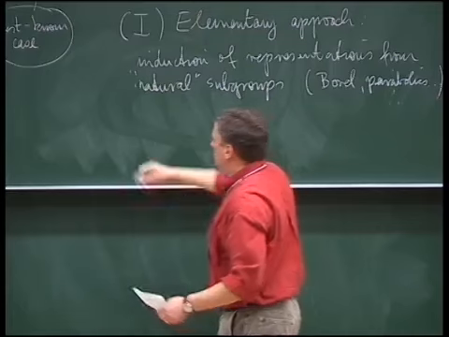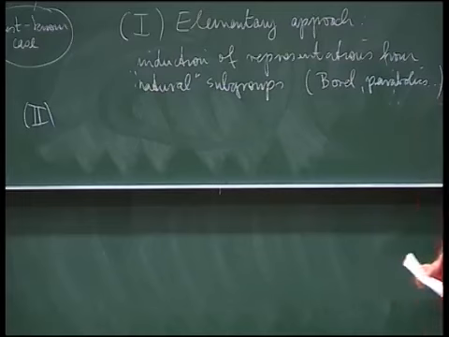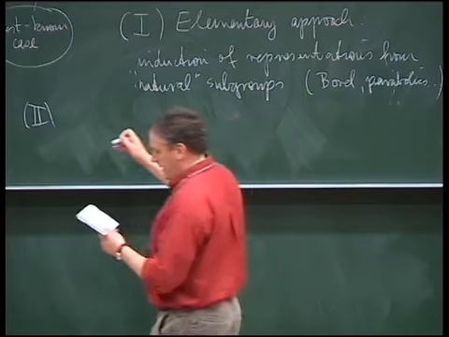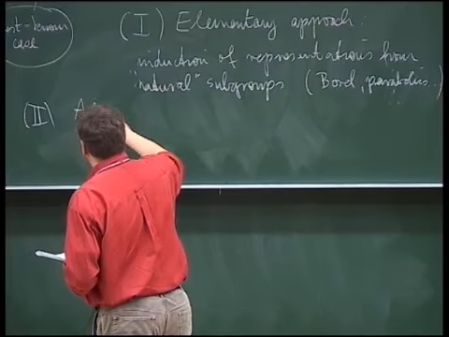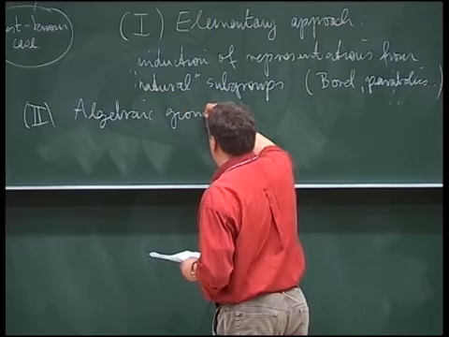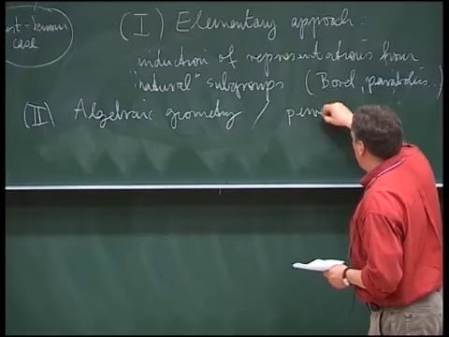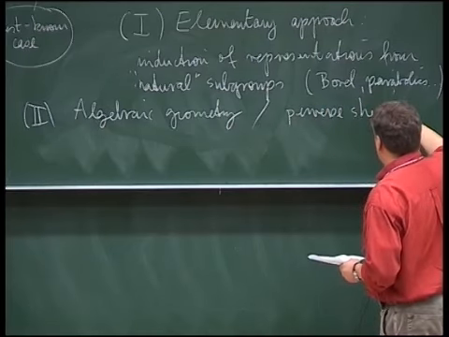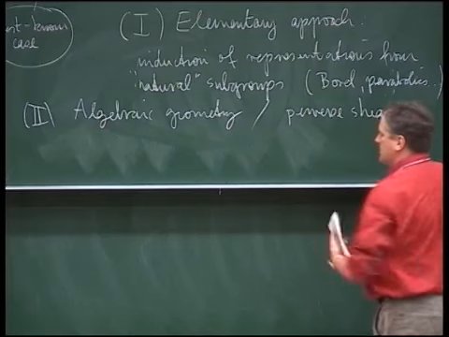And then, as I said, this approach, it is possible to carry it a certain way, but then one really has to use more heavy stuff. So that's algebraic geometry, or this theory of perverse sheaves, which showed up in Pramod's talk, which leads to the most decisive results here.